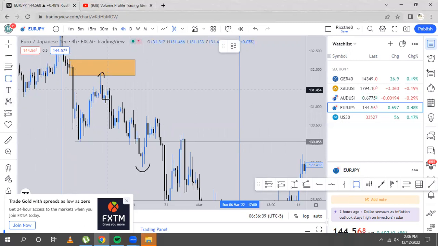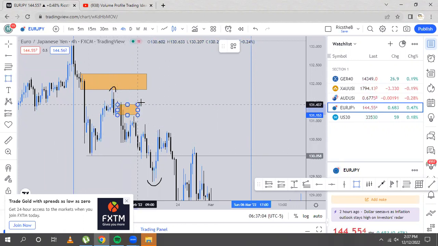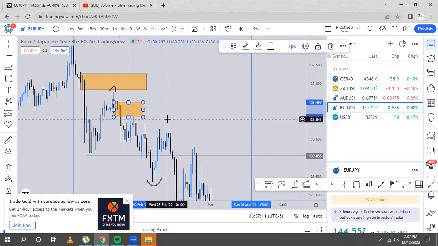Let me show you, guys. We had this push, then price dropped, giving us maybe a bearish engulfing, something that looked like a mini structure break here. Then price pushed all the way down, creating this lower low, giving us this level of supply.